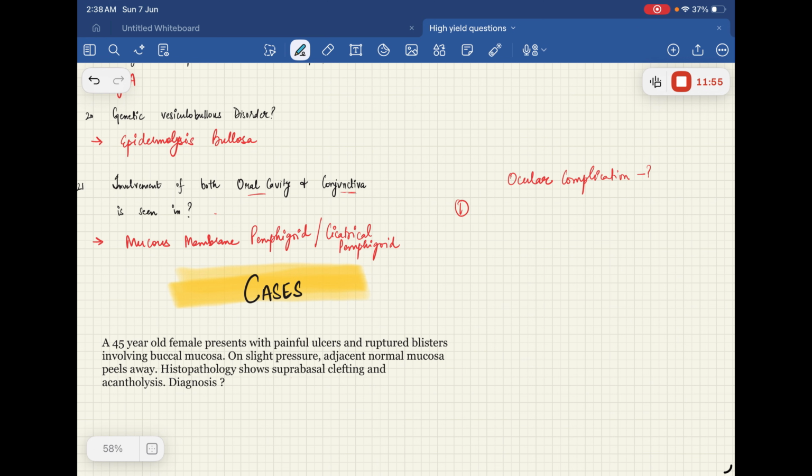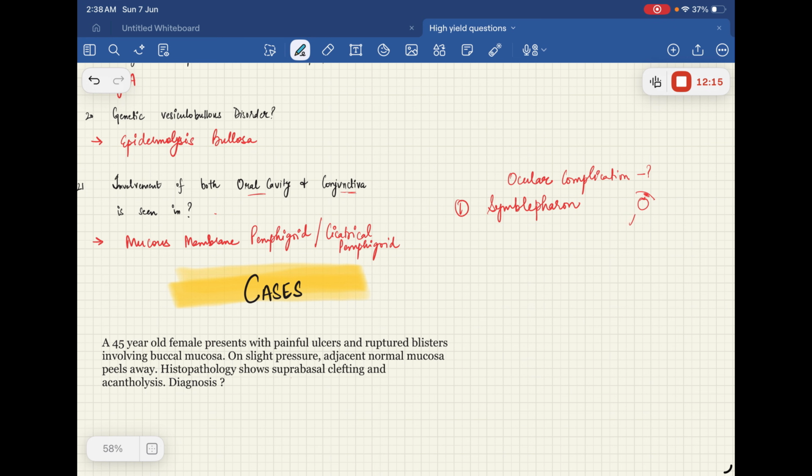So the first one is symblepharon. What happens here is that the eyeball and the inside of the eyelid get stuck.